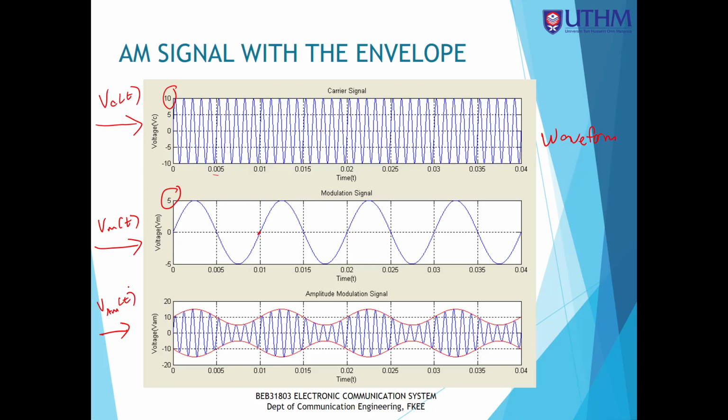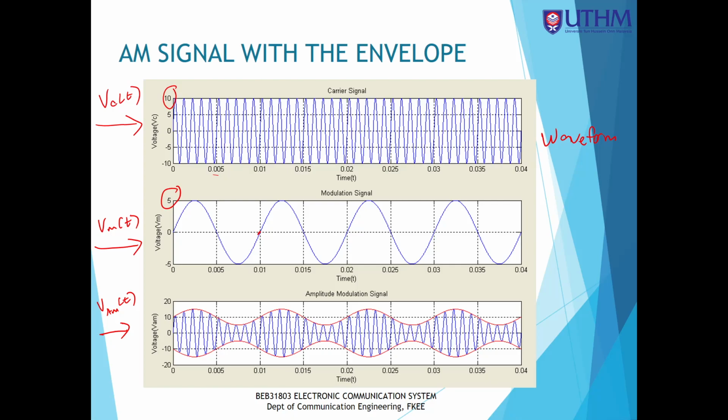Okay, VAMT. So you see that, what happened to the AM signal? Initially the carrier has a constant amplitude. The amplitude remains the same. But after the modulation, the amplitude of the carrier changed.